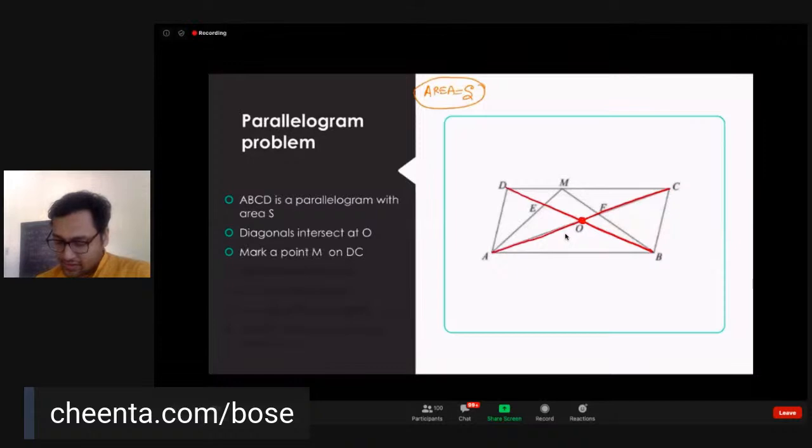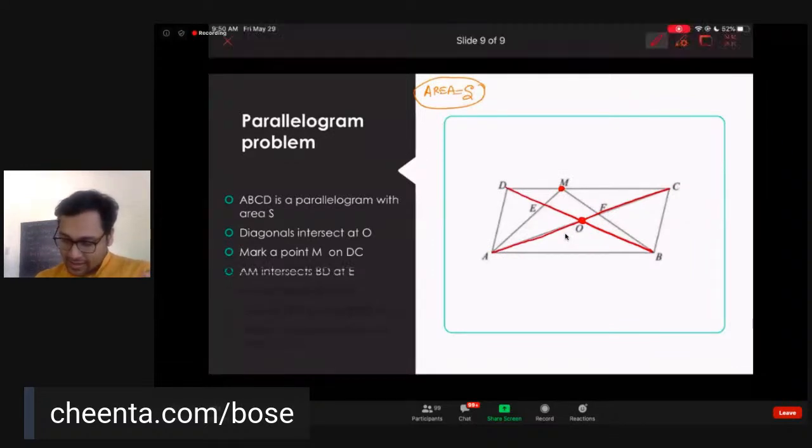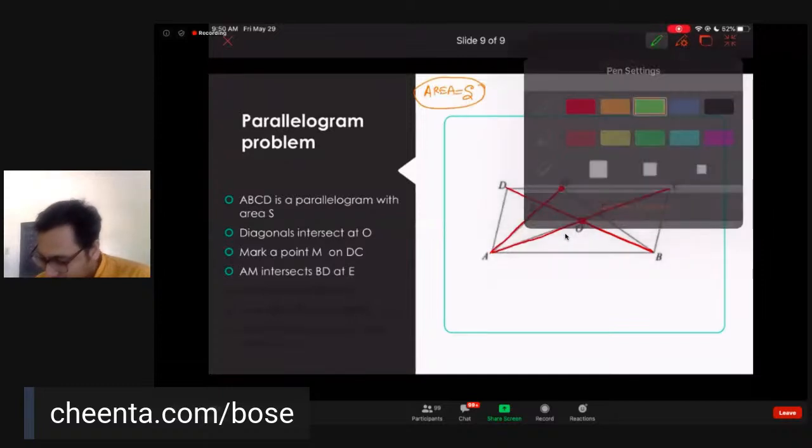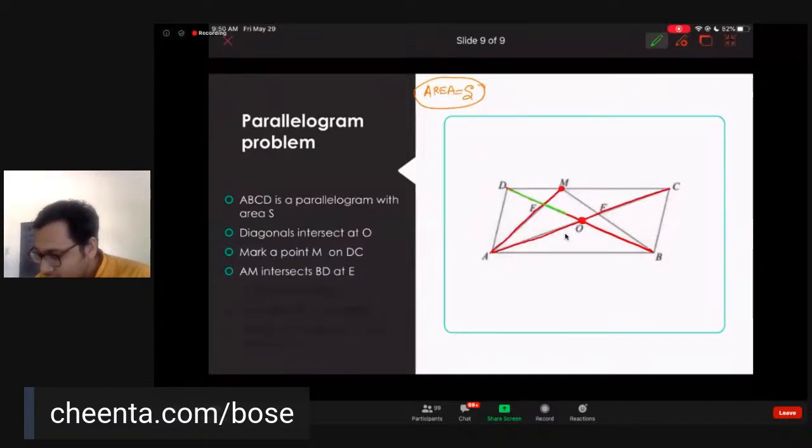It's also given that a random point M is marked on CD. AM will intersect BD. Maybe I can draw this in green. This is BD. This is AM.